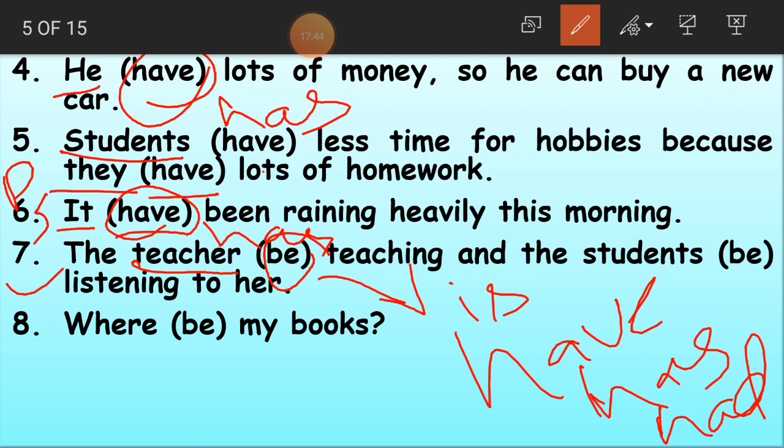Why? Because teacher comes under singular form here. Okay, students, more than one, singular or plural, children? Yes, they come under plural form. And for the students, instead of this be, we are going to make it are. The teacher is teaching and the students are listening to her.